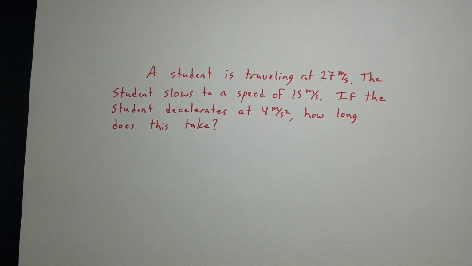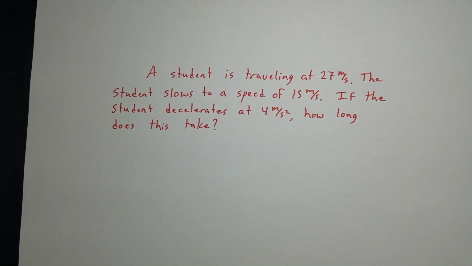Last one. We've got a student traveling at 27 meters per second. The student slows to a rate of 15 meters per second. If the student decelerates at 4 meters per second squared, how long does this take?